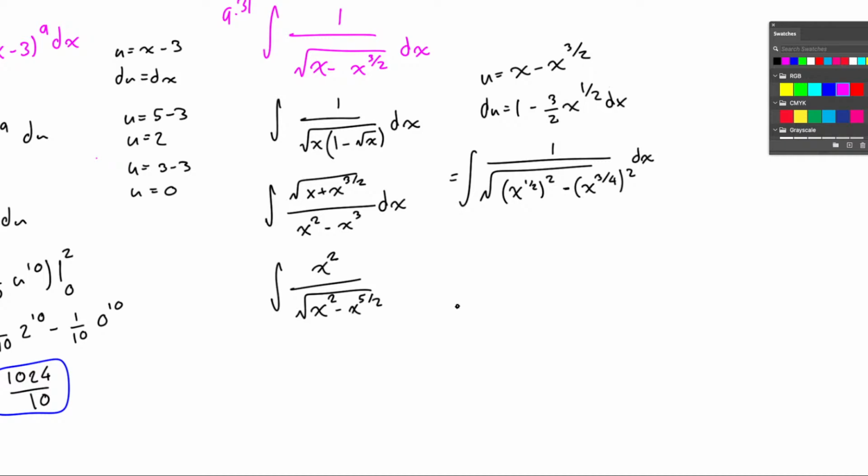Wait, if I brought an x squared into a square root, x squared equals square root of x to the 4th. Ah, so this actually becomes... Wait, okay.